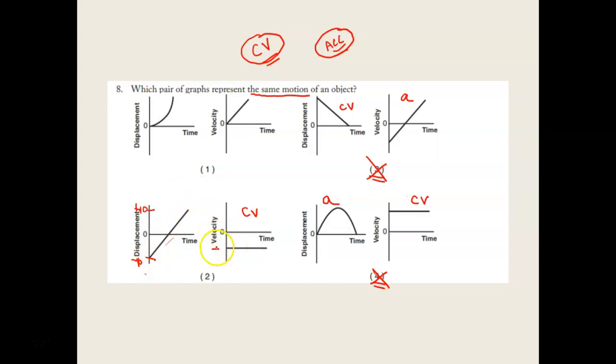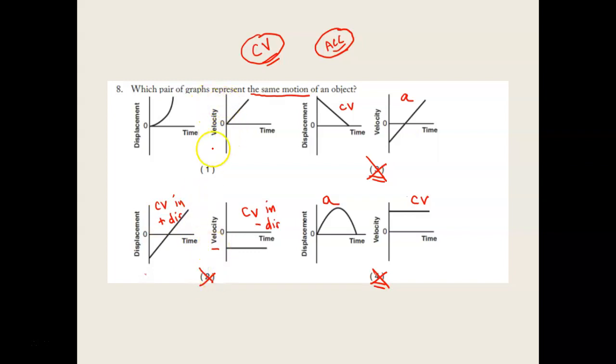So that's the problem with this answer. They both are graphs that are consistent with constant velocity, but this is constant velocity in the negative direction, and this one is indicating constant velocity in the positive direction. So we eliminate that.